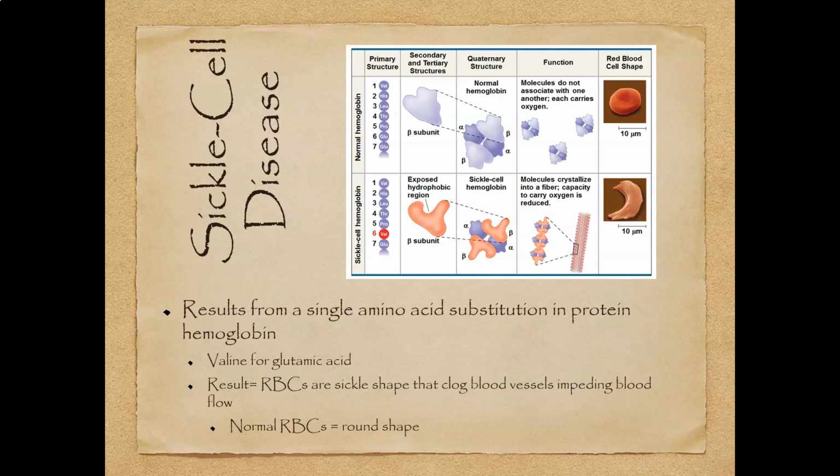And so people with sickle cell tend to get run down easily, tend to run anemic, meaning they're not carrying oxygen in their blood properly, and so on and so forth. So why am I bringing it up here?